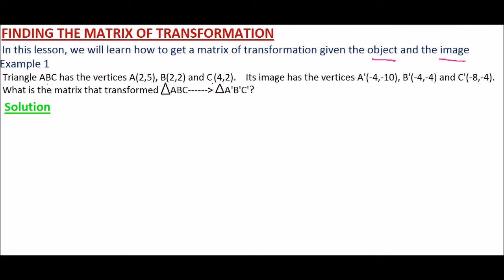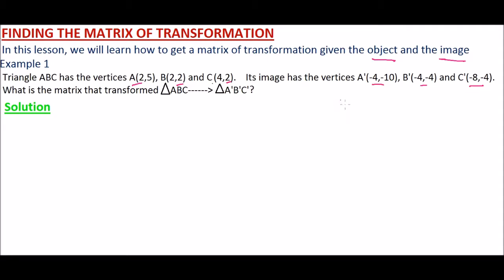We are told that we have triangle ABC and the vertices are A (2, 5), B (2, 2), and C (4, 2). Its image has A prime, which is (-4, -10), B prime is (-4, -4), and C prime is (-8, -4).